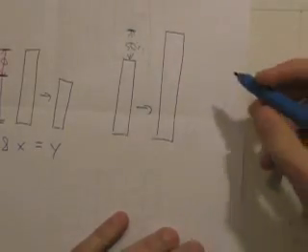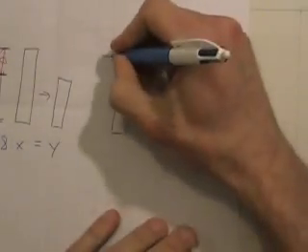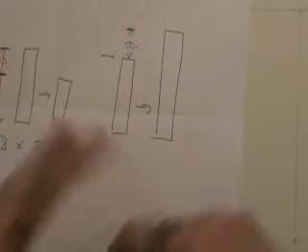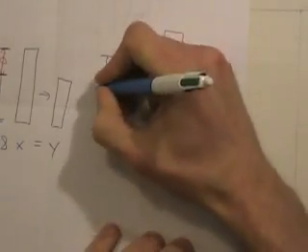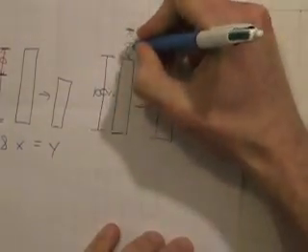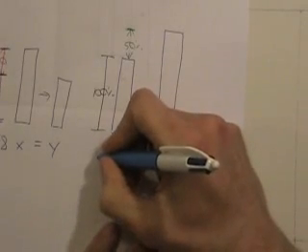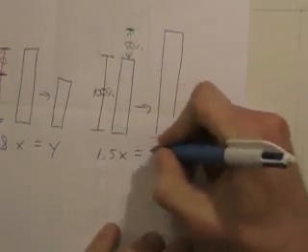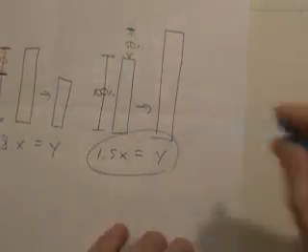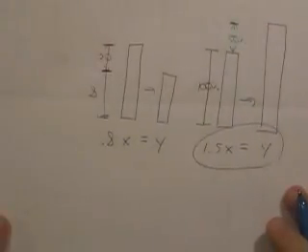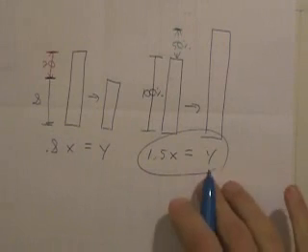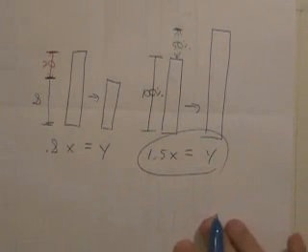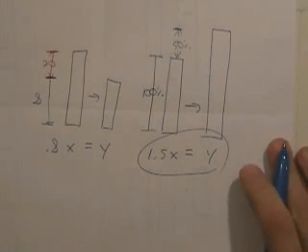To increase a number by 50%, here's the original 1, which always represents 100%, plus the 50% gives you 1.5 times the old number equals the new number. And that's pretty much the way all of these problems go when you know what the percent increase or decrease is, and you either need the before number or the after number.